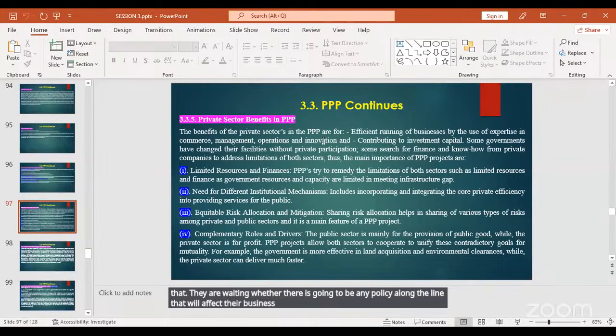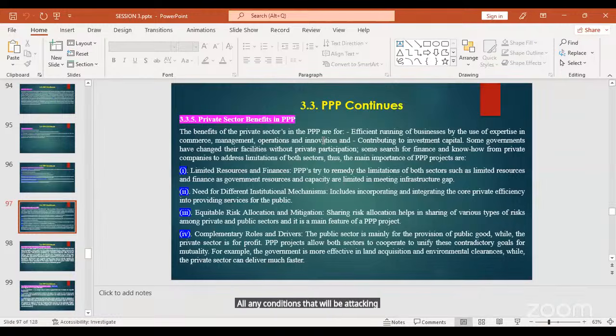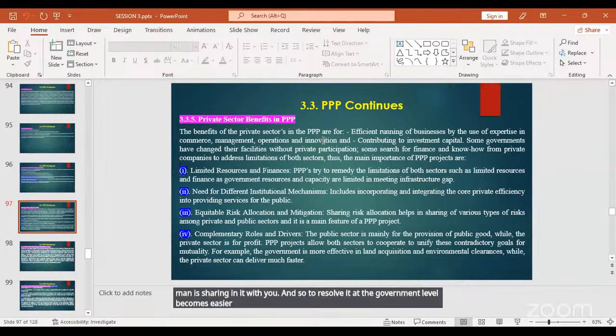But when you are into partnership with government, government will not bring out any policy or any rule or any condition that will be attacking their own investment. No. So when you do that, it minimizes your risk. And if there's any form of risk at all, government is sharing in it with you. And so to resolve it at the government level becomes easier for you.